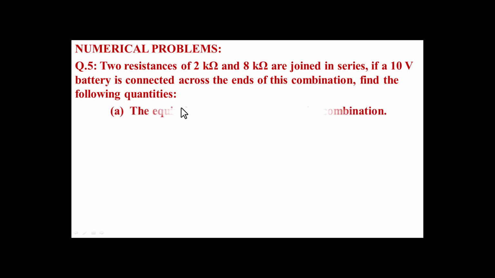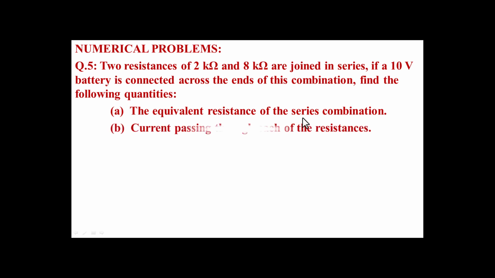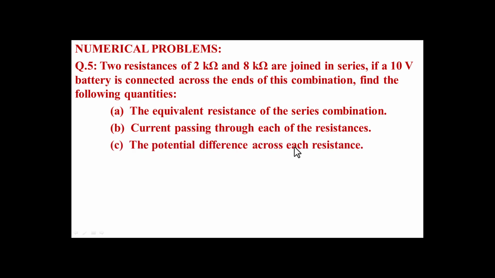In the first part, the equivalent resistance of the series combination; in part B, the current passing through each resistor; and in part C, the potential difference across each resistance.